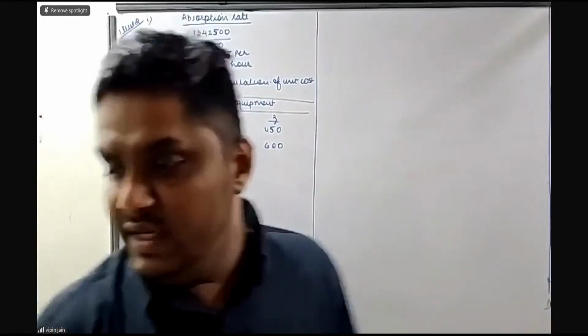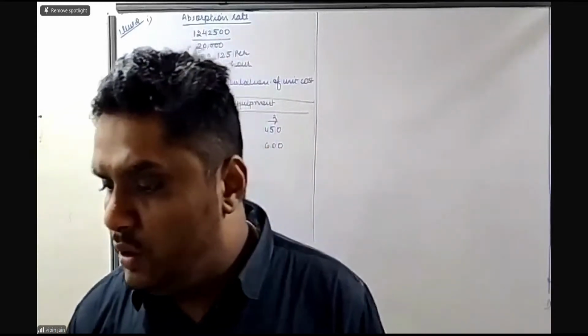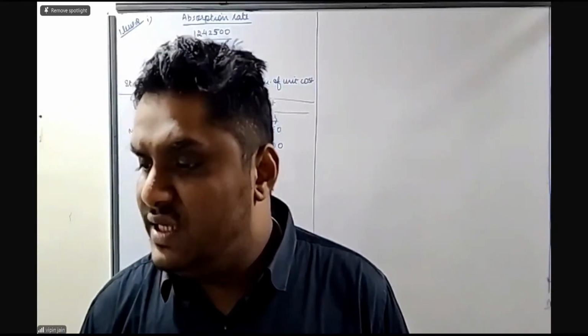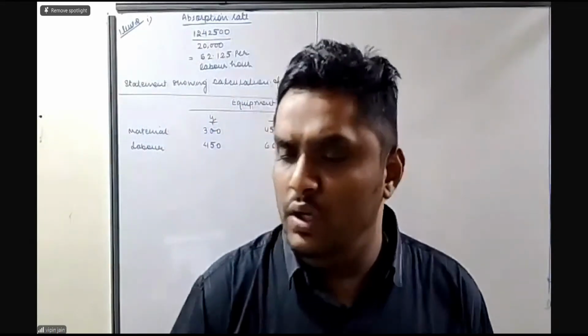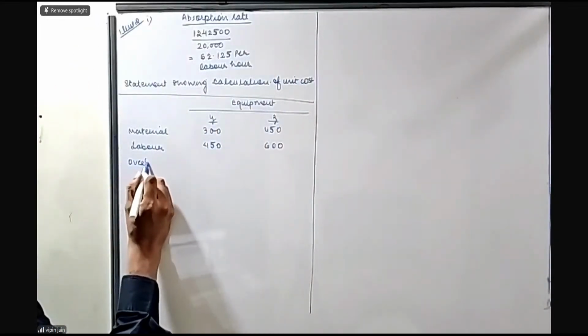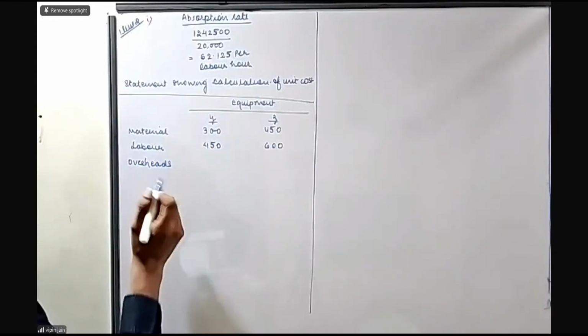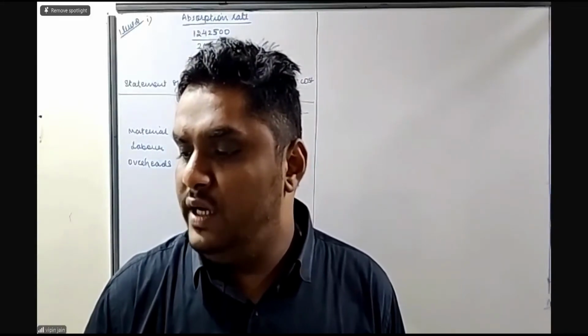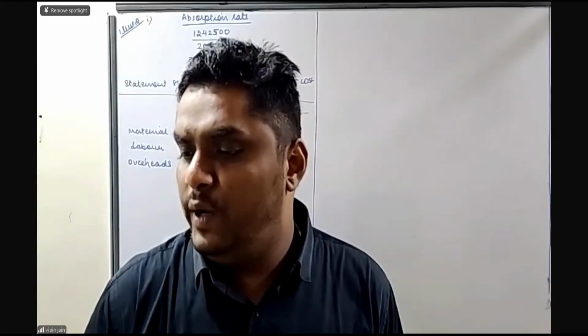Now, since the question is asking us to calculate only the unit cost, let me check. So the question is asking us to calculate the unit cost only. So let's write overheads directly. This is another way to solve the question. So overheads, it is 62.125 per hour. We have got the absorption rate, it is 62.125 per hour.